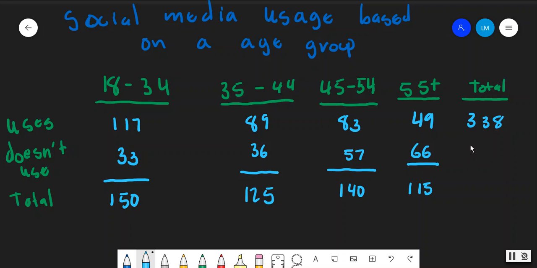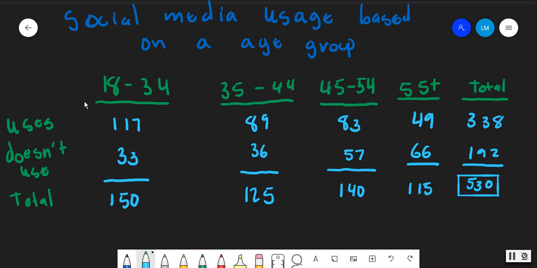For the age groups that do not use, that's going to be 192, and we're just adding across. If we add all together all of the individuals within all of the age groups, there's a total of 530. So 530 is the total.